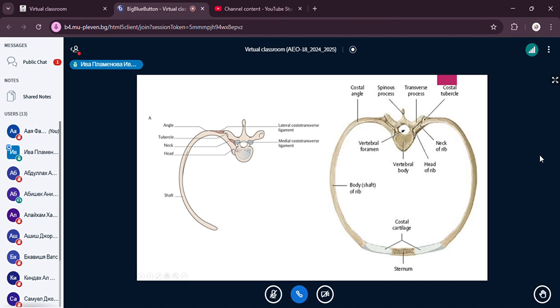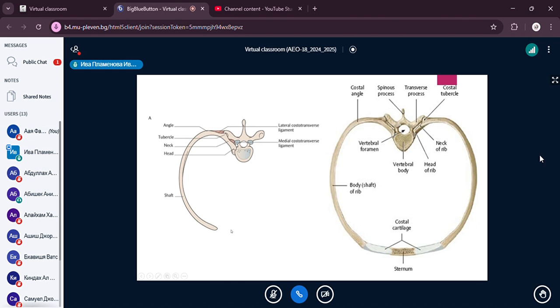One between the head and the body of the vertebra. The second one between the rib tubercle and the transverse process of the thoracic vertebra. So that's the head. Here is the neck, rib tubercle. That's the body with the rib angle.